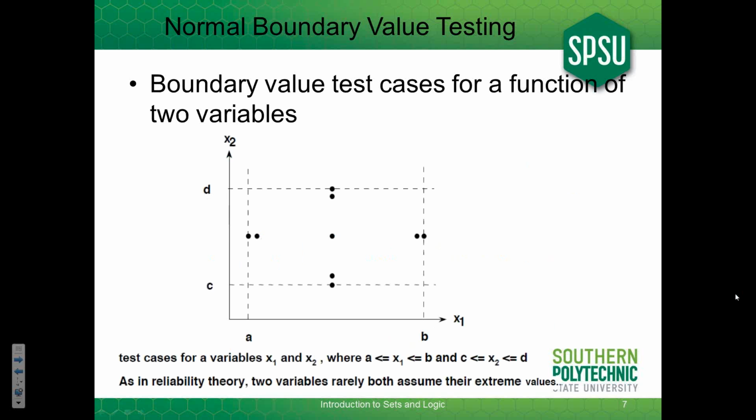Now, what if you have 2 variables? Since we are talking about a single fault, under the single fault assumption it's not possible that, for example, x1 and x2 have their extreme values at the same time.